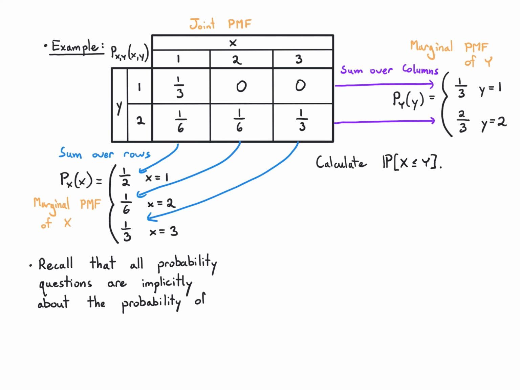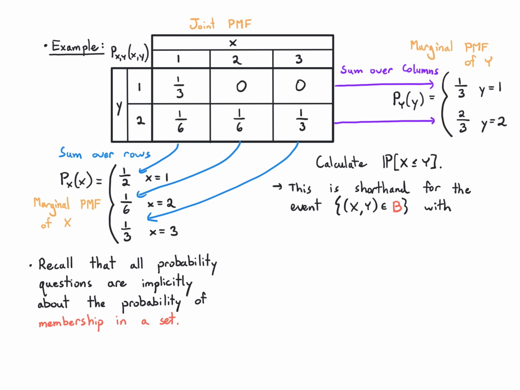Here, it's asking that x is less than or equal to y, but this is about a particular set of pairs x and y where x happens to be less than or equal to y. So this is actually shorthand for this particular event, the pairs x, y that belong to B, and B has this form. Here are the pairs where x is less than or equal to y.